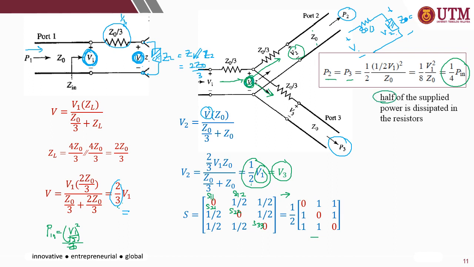Only half of the power supplied is delivered, and half of it is dissipated or lost through the resistors. So the system requires higher input power to ensure that sufficient power can be delivered to the output, due to the losses within the resistor itself.